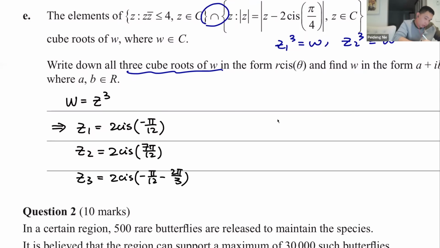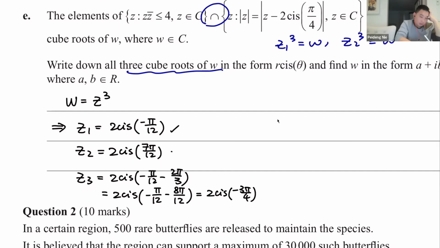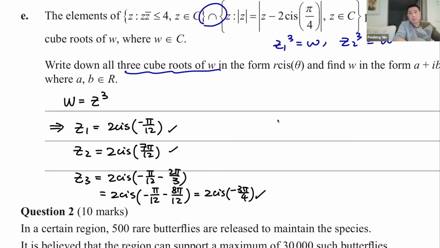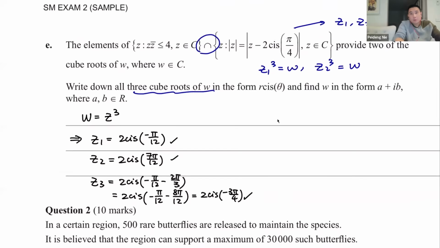Okay? So this is going to be 2 cis minus pi over 12, subtract 8 pi over 12, if I'm not mistaken. And this is going to be 2 cis minus 9 pi over 12, which is minus 3 pi over 4, okay?